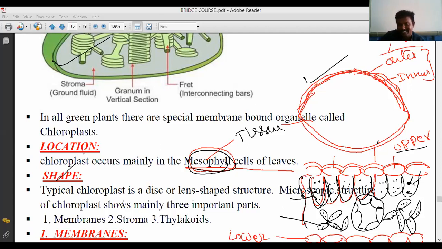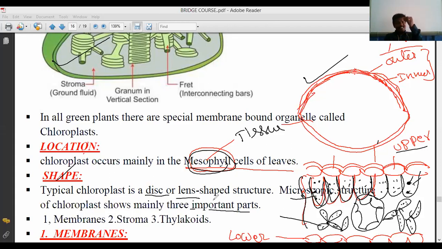A typical chloroplast is a disc-shaped or lens-shaped structure, though it varies in different species. Microscopic structure of the chloroplast shows mainly three important parts.